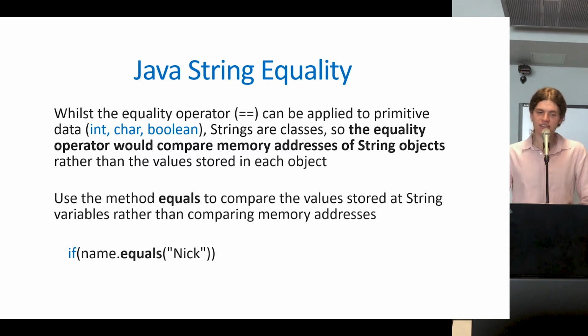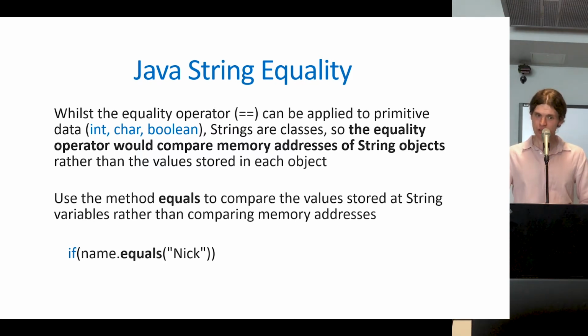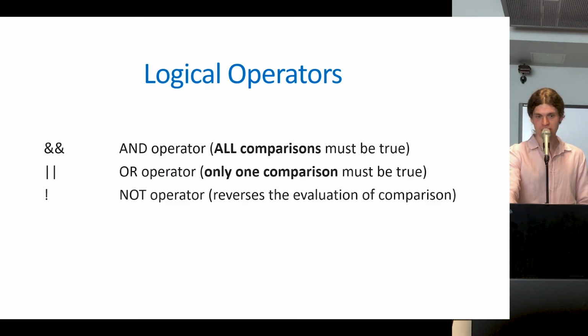So in this case, if I had a string variable called name and I wanted to check whether it had the value of Nick with a capital N to start with, the formatting here would be calling the equals method on that string variable: if name.equals, and I pass Nick as a string literal to the equals method. Okay, so just remember that for string equality, use the equals method rather than the equality operator. But for all other data types, primitive data types, we can use the equality operator.